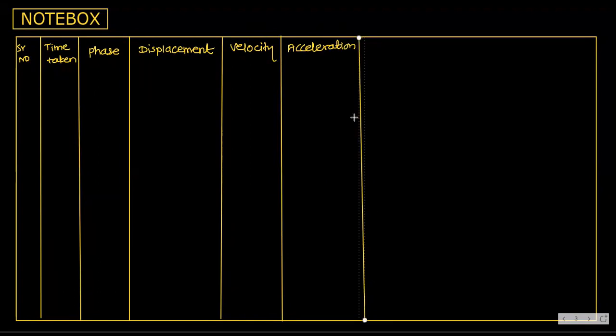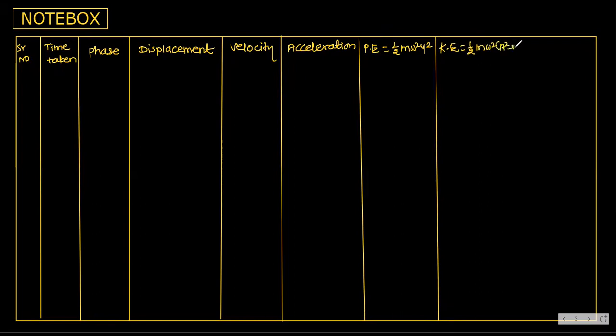Next one is potential energy, kinetic energy, and total energy. These three boxes. Potential energy is equal to half m omega square y square. Next is kinetic energy, which is half m omega square (a square minus y square).